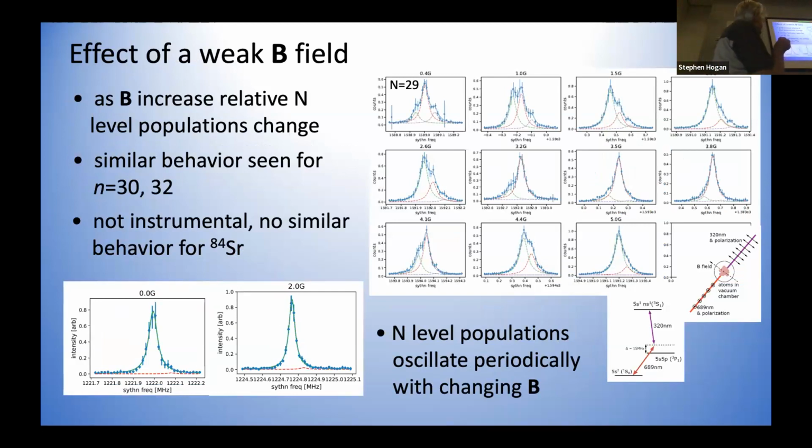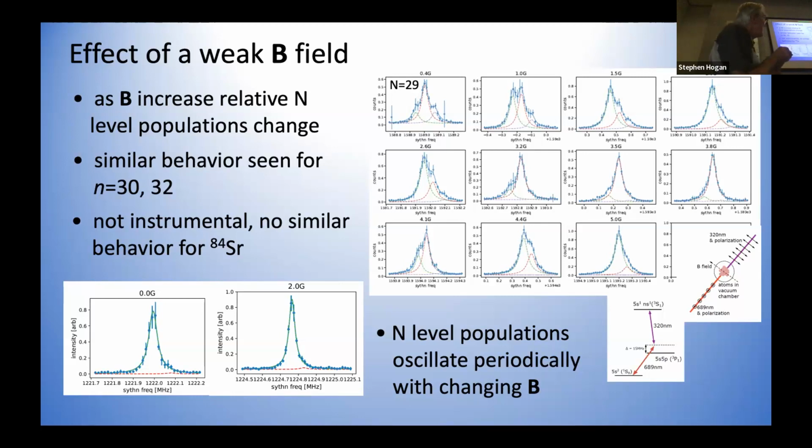Here is the situation again for n equals 29, when we have a half Gauss field on, and then it's getting bigger and bigger as we go through the pictures. Here you see, in this particular case, there's a little bit of n equals 0, a lot of n equals 2, a little bit of n equals 3. A bigger field now, n equals 0 and 2 are becoming comparable. Even bigger fields, n equals 0 has taken over from n equals 2, and we get this cyclic behavior as we go on.